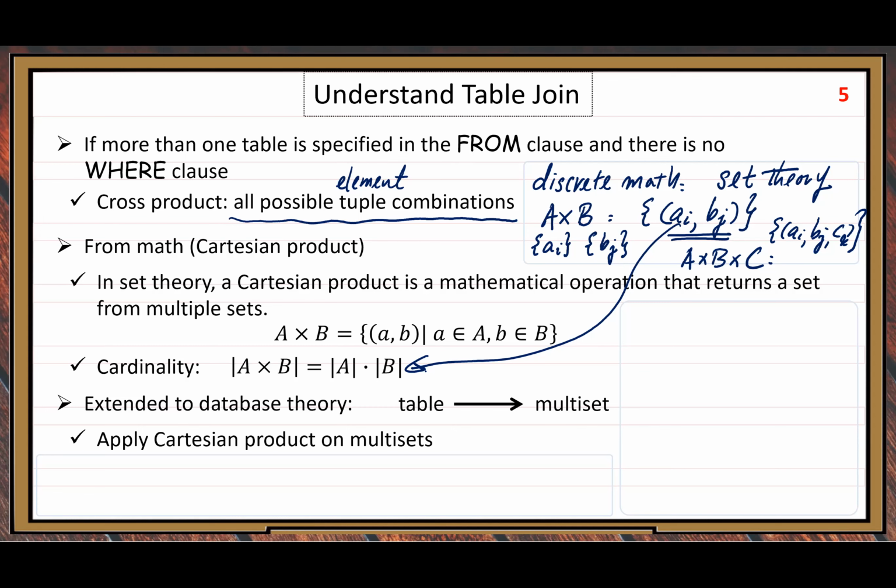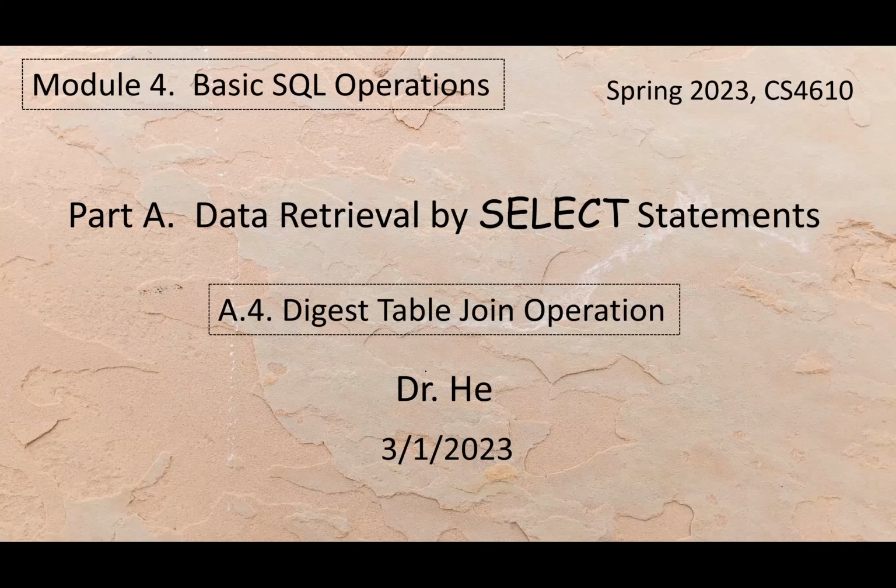Next topic, 8.4, digesting the table join operation. We use the Cartesian product concept to digest table join operation.